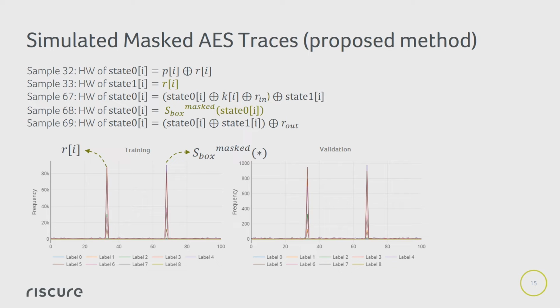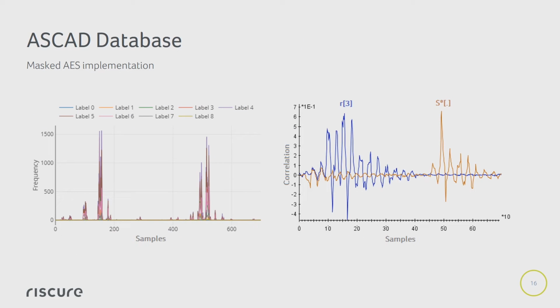It's impressive that it just selects the samples where the masked values are located. So it somehow does a second order analysis here. It's a bit ambitious to say this is a second order analysis, but I could not see a closer explanation, because it's just combining the two leakages into one, and for me that's a second order result.